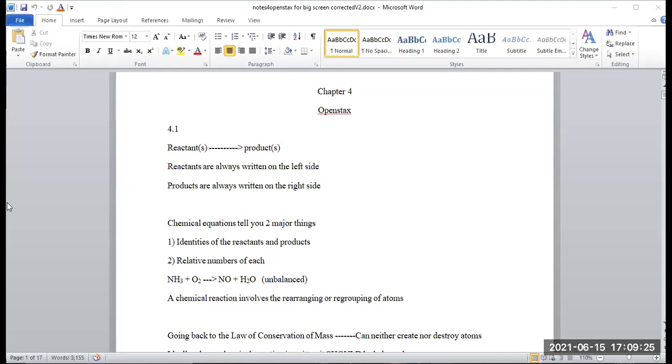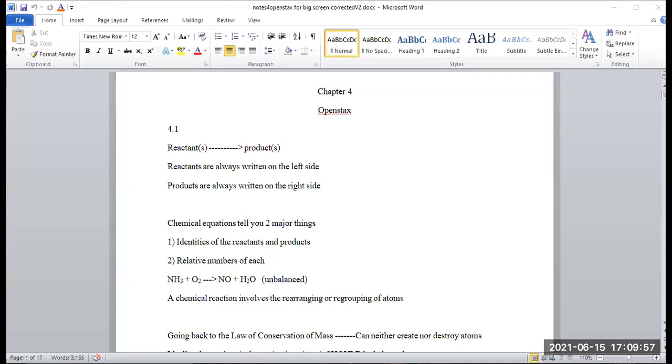All right, we are switching gears to the next chapter. This is chapter 4. In chapter 1, one of the things we mentioned was that reactants are traditionally written on the left-hand side and products are traditionally written on the right-hand side. There could be one or more of each depending upon what you are dealing with.